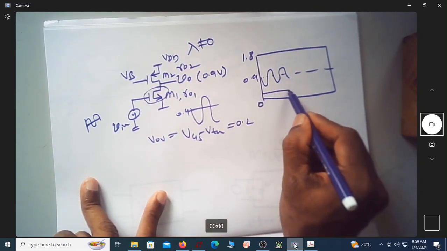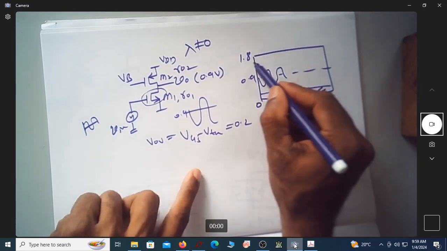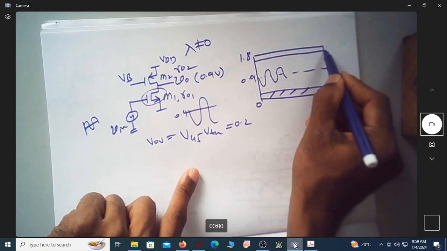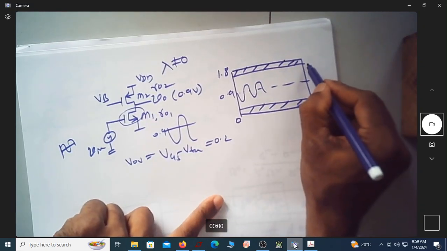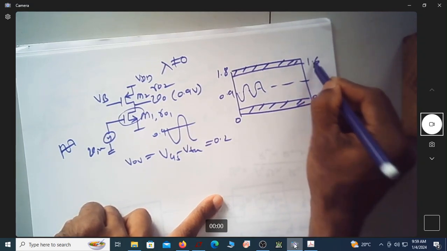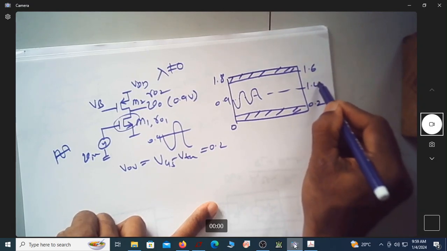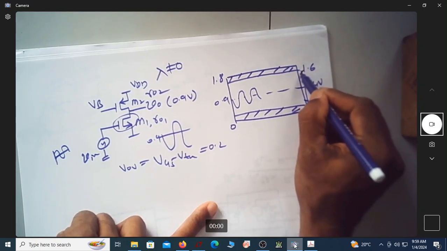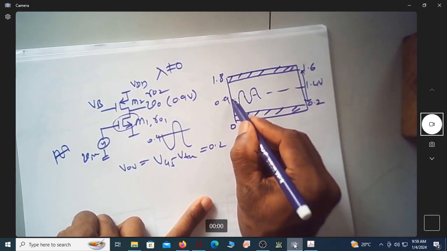Similarly on the top, I should dedicate 0.2 volt too. So I have an actual swing from 0.2 volt to 1.6 volts, so effectively it is a 1.4 volt swing that I have, centered around 0.9.